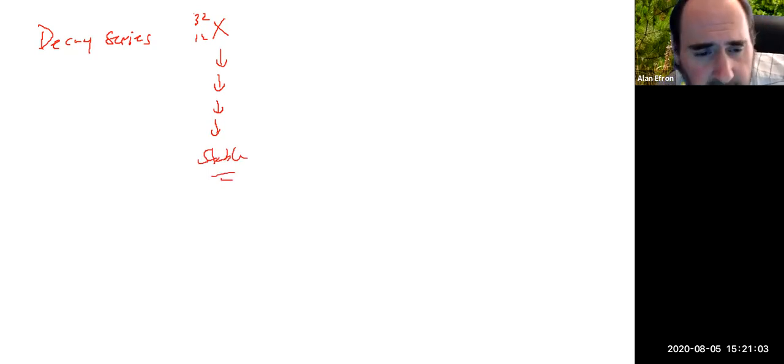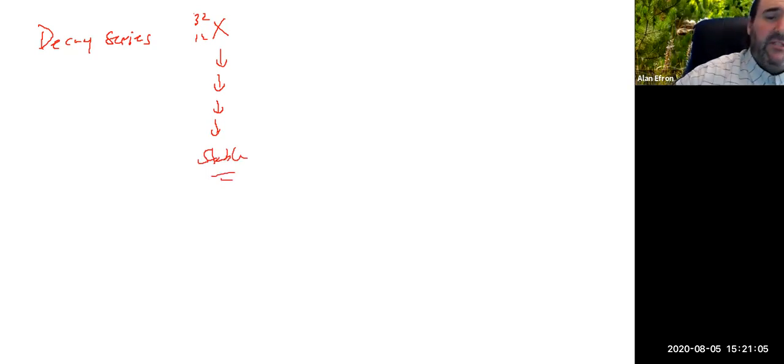And it may be several steps along that path. The starting guy is what's referred to as the parent, and the resulting guy is referred to as the daughter nuclei. And if you're dealing with alpha and beta decays along the way, if you're really just interested in the end result, you can mathematically determine it.